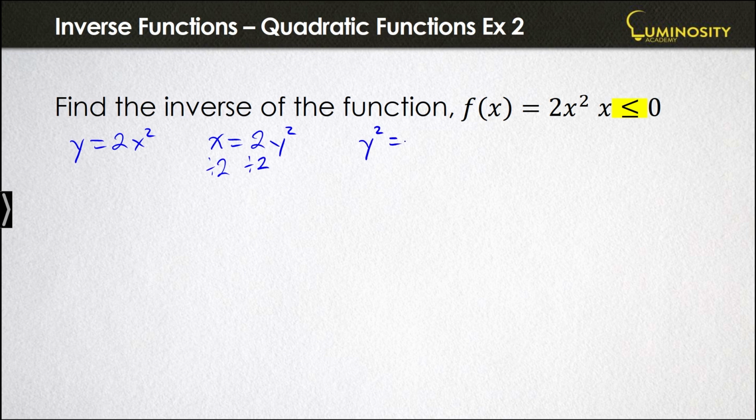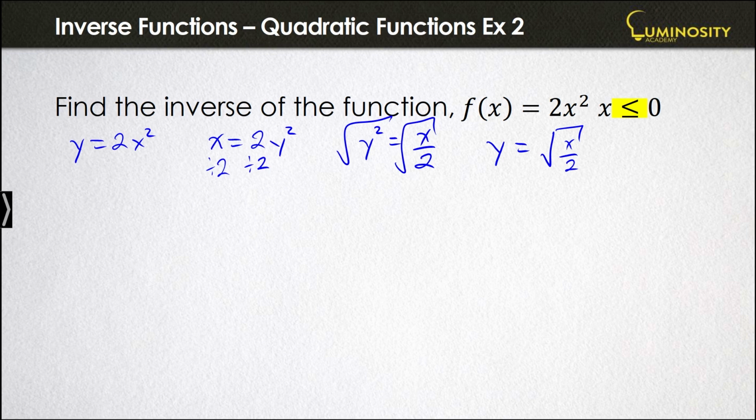We get y squared equals x over 2. So now we take the square root, and we have y equals the square root of x over 2. So you'd think we're done here, but we're not done just yet.